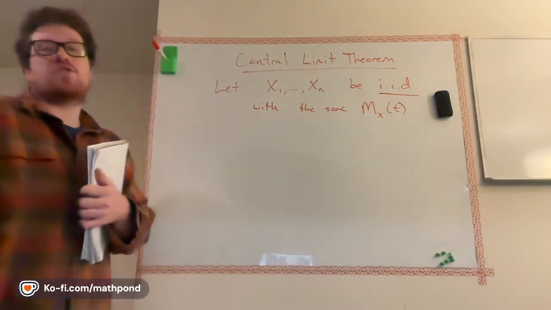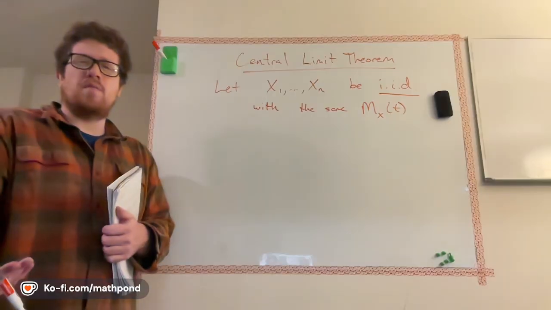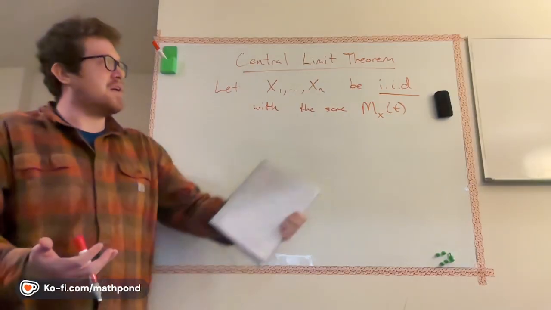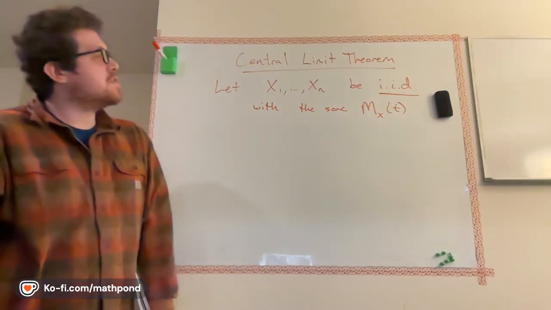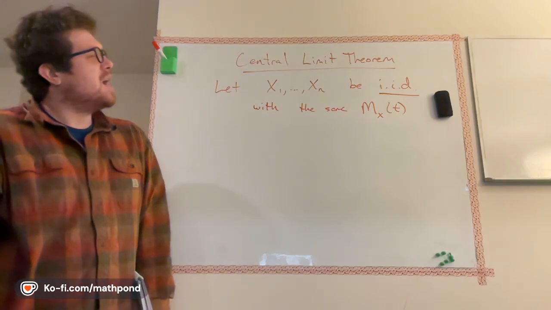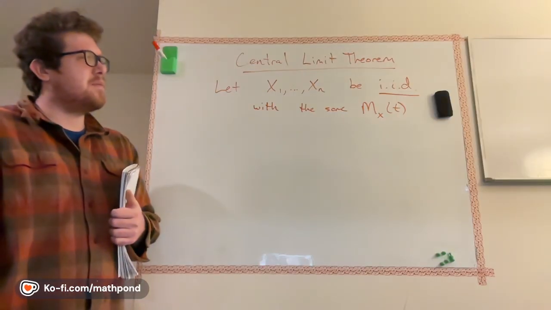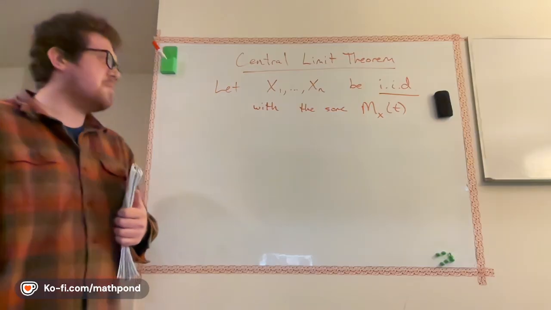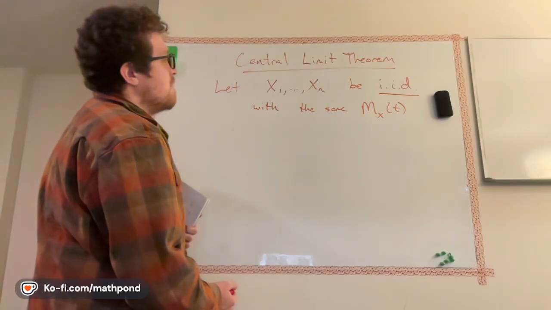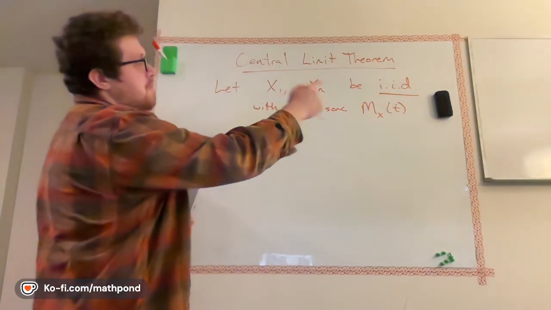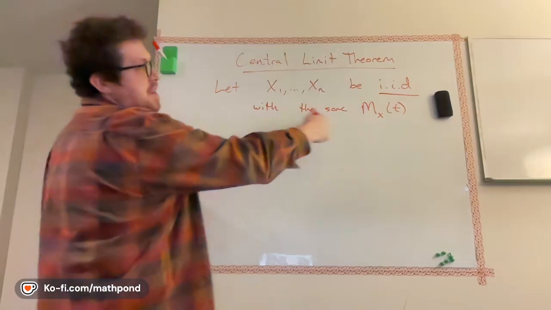And let's also assume that it converges in some open neighborhood. Actually, I don't know if it always converges, but I think for a finite variable it converges in a finite neighborhood. Maybe that's not true, so let me just assume it. So we have a bunch of variables, all independent and identically distributed, with the same moment generating function.